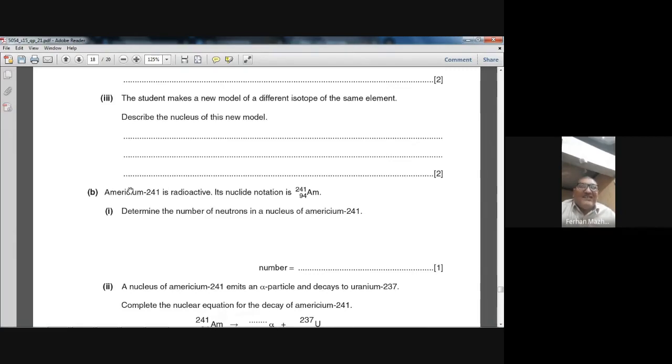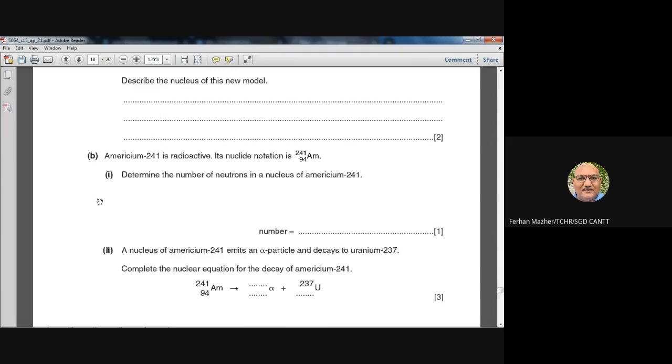Electrons are not inside the nucleus. Instead, write protons. Now read your answer again. The new model will have 25 protons and the number of neutrons will be different. Okay.